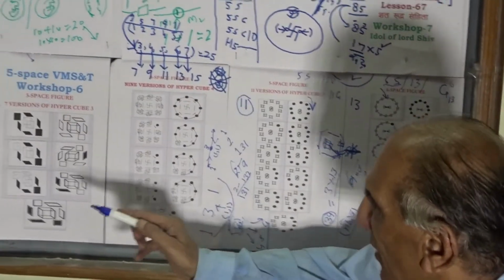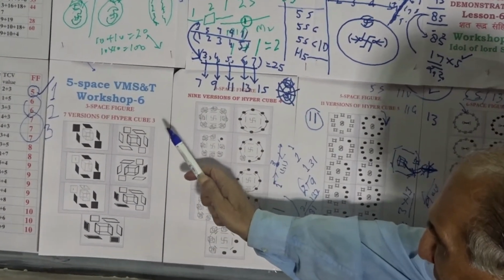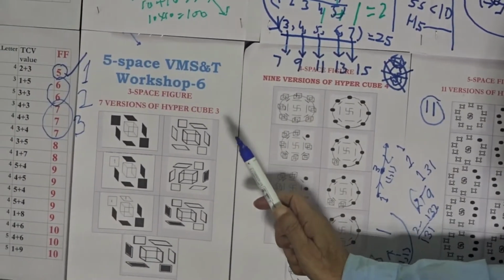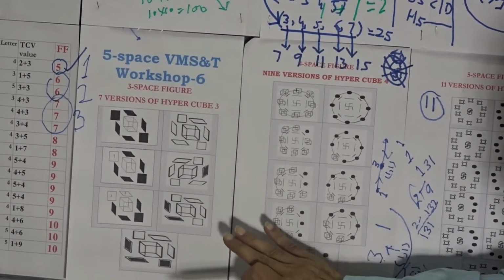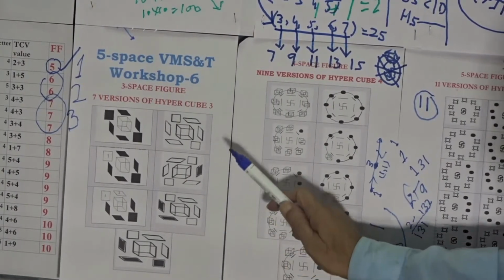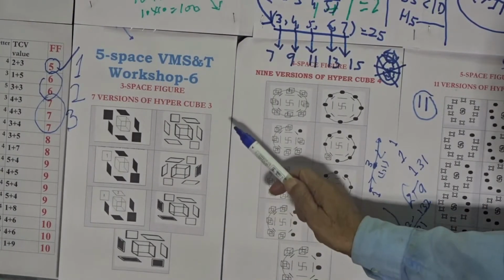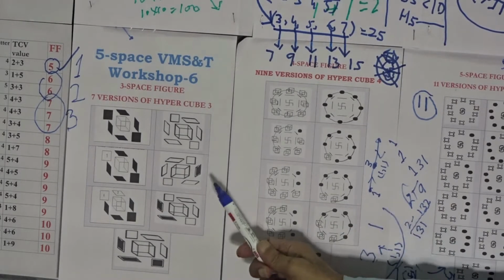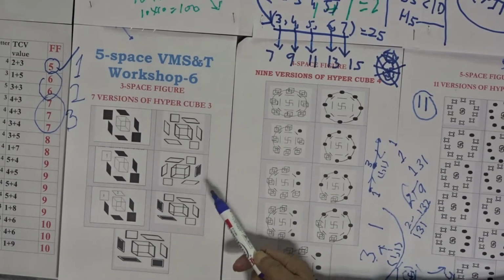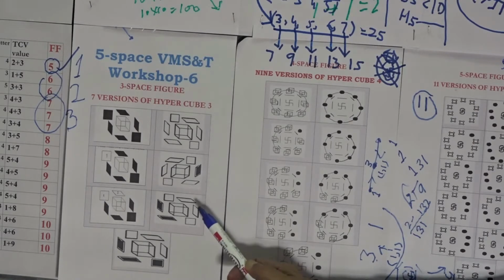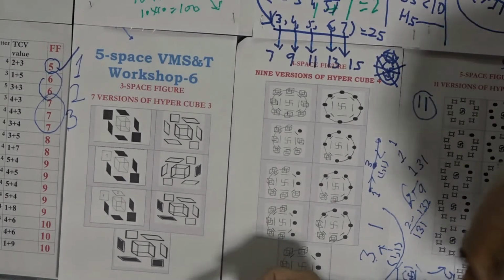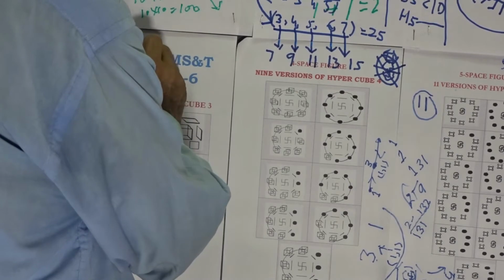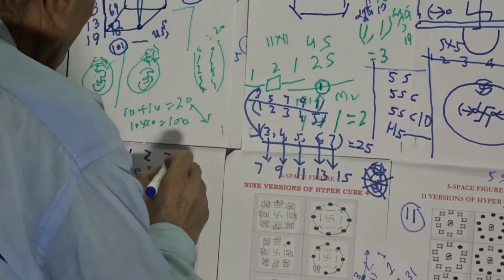Therefore, let us visit a fresh 3 space. 3 space means the cube, the representative regular body of 3 space. It manifests as a 4-fold manifestation layer as hypercube 3, and hypercube 3 is of 7 versions. So let us visit this format of 3 space as hypercube 3, the representative regular body of 3 space manifesting as a 4-fold manifestation layer, meaning 1, 2, 3 and 4.